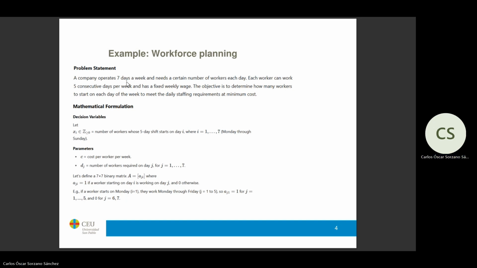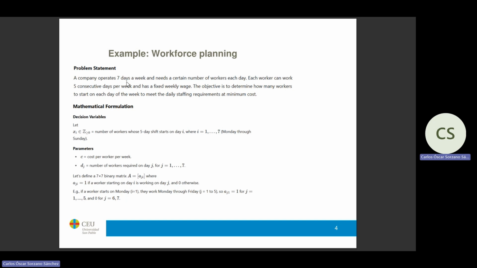Okay, so the variables that we will optimize will be the number of workers whose 5-day shift starts on day i. So we have the days of the week from Monday to Sunday. Let's say you are planning for a McDonald's. I don't know how attendance goes with the week, but you can imagine that weekends behave differently from the weekdays.